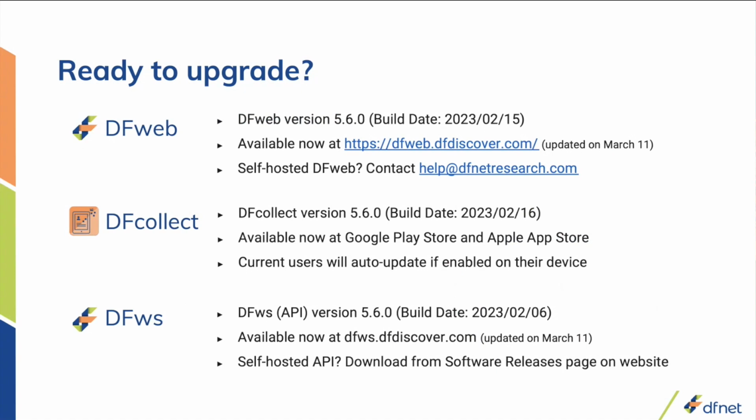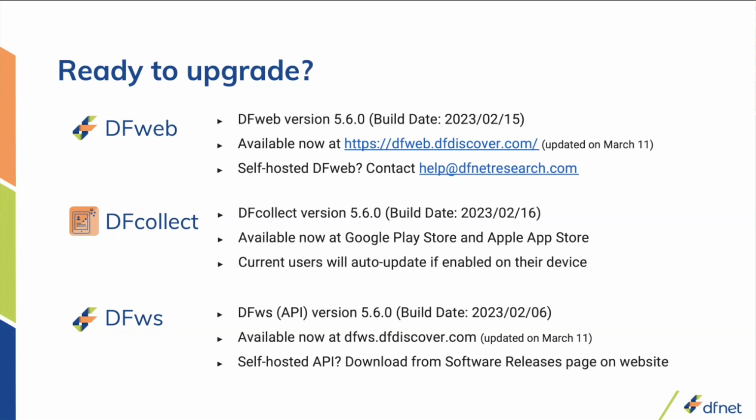The upgrade process for our public-facing DFweb and DFWS, as well as DFcollect, is a little bit different than our other applications. DFweb 5.6 is available now at dfweb.dfdiscover.com, as well as the API at dfws.dfdiscover.com. If you are self-hosting, the API is available on the software releases page.